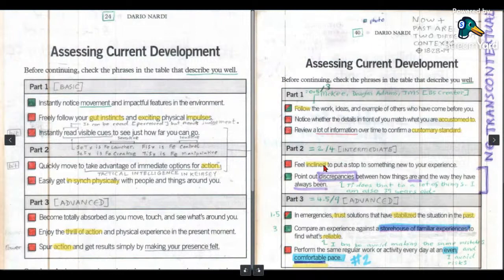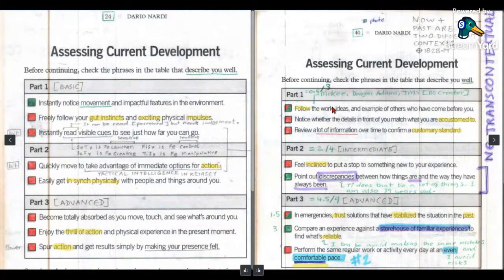So here, I mean, look at this. Feel inclined to put a stop to something new to your experience. So that's going towards emotion, feeling. This is supposedly just a perceiving function. It's not perceiving, it's an irrational function. Both of these are irrational in that they're not deliberative.